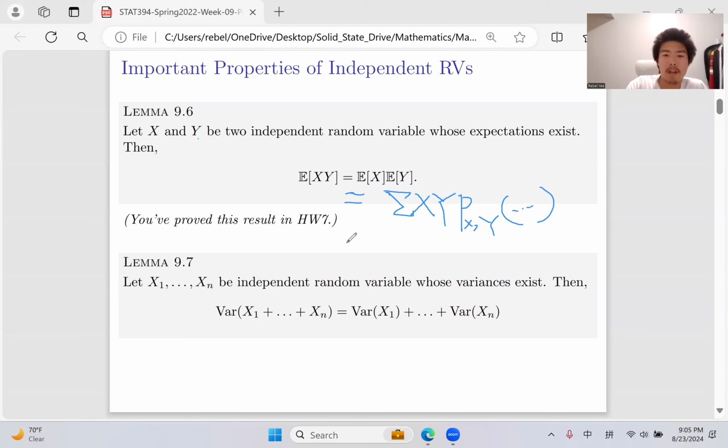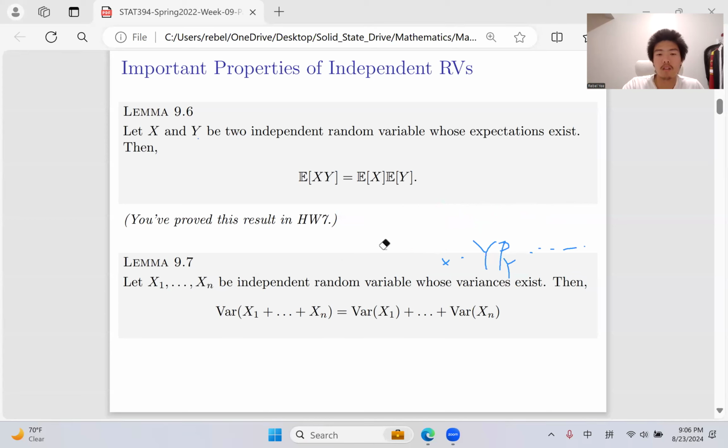So this is our first step. And then because they are independent, it becomes the sum of x times the marginal mass function of X, and then y times the marginal mass function of Y. The process is very similar, and we end up with the expected value of X times the expected value of Y by separating the x content into one summation and the y content into another summation, and we are done.